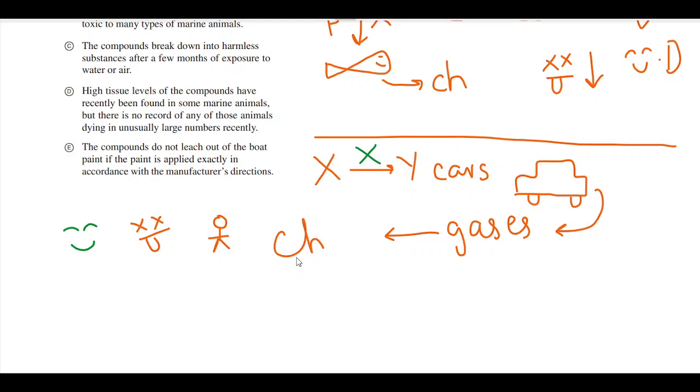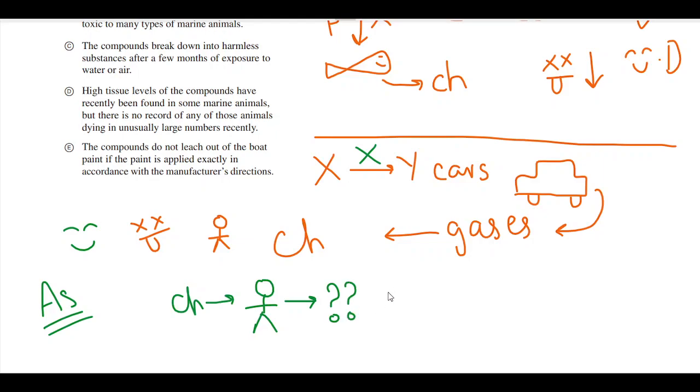So the assumption that this argument is making, just think about this. Okay, let's say this chemical, let's draw it out. If this is the human and this chemical through this gas goes inside of him and he quickly gets rid of it, now the question is, what can this chemical do to other people?